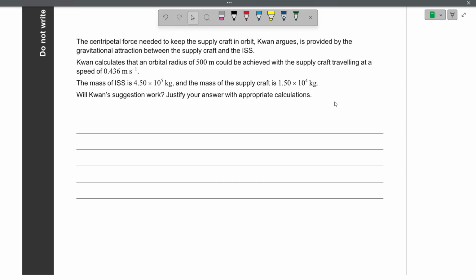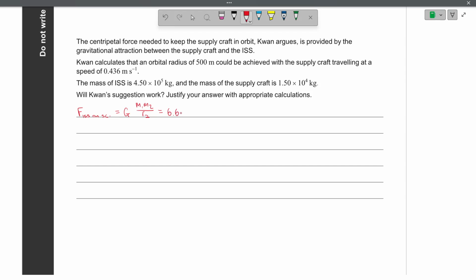Okay, so how can I put this? I'll just say force of gravity, or I'll say force of ISS on the supply craft. Okay, what is that? Well, it's just the gravitational force between two bodies, right? So it's going to be equal to G times m1 times m2 over r squared.